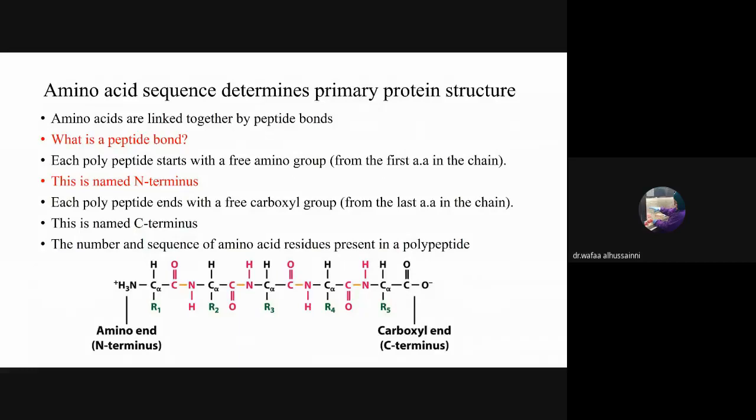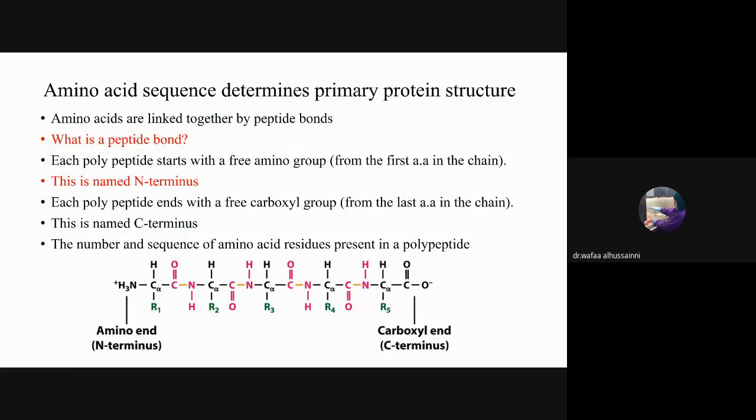We said that amino acids make up the protein. The same amino acids structured in a certain way give me a certain protein. This protein has a certain function to do. If the sequence changes, meaning if I have alanine, leucine, tyrosine, this sequence will make up a certain protein.